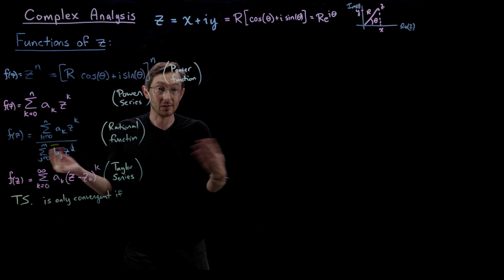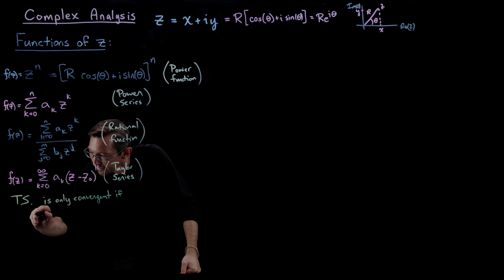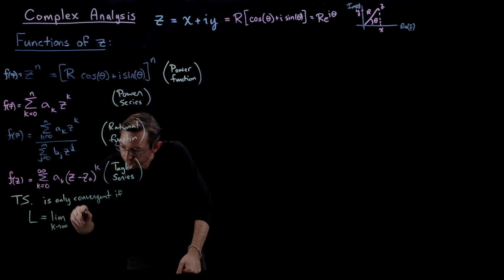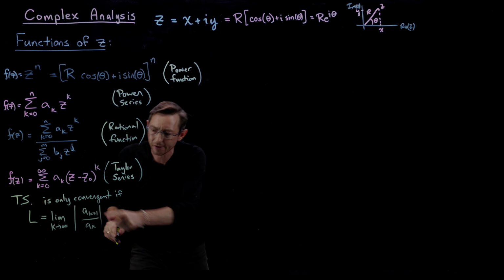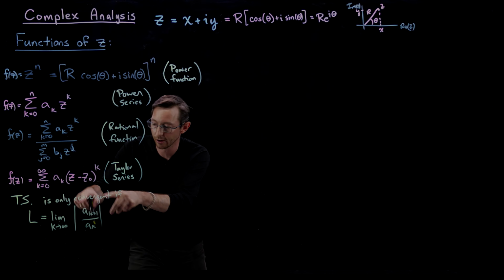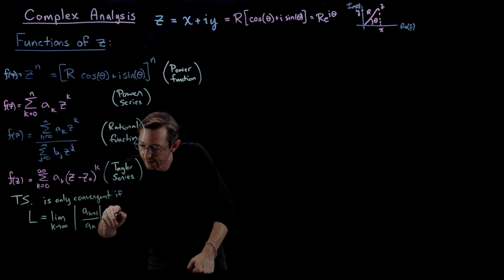And for what values of z is it convergent? So this Taylor series is only convergent if this limit, L equals the limit as k goes to infinity of a k plus 1 divided by a k. And these are complex numbers, so I'm just going to take the ratio and then take the norm of those, if this exists.